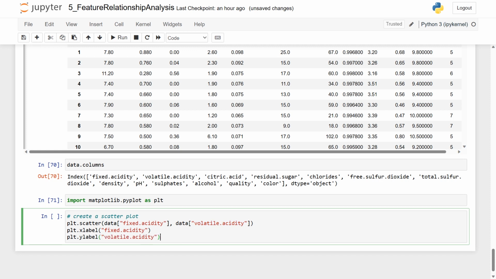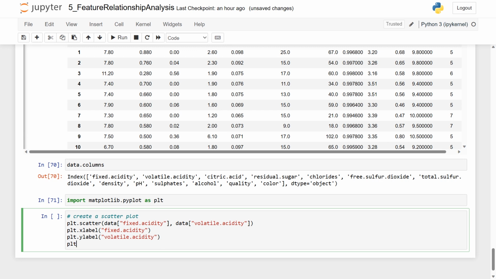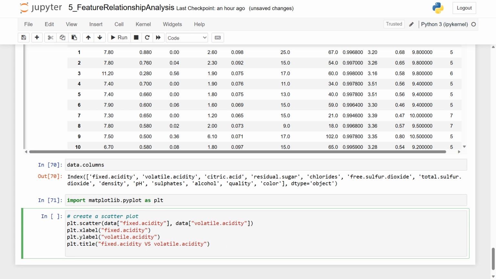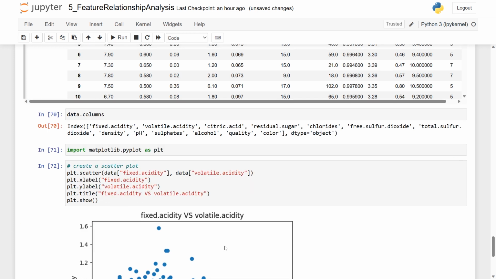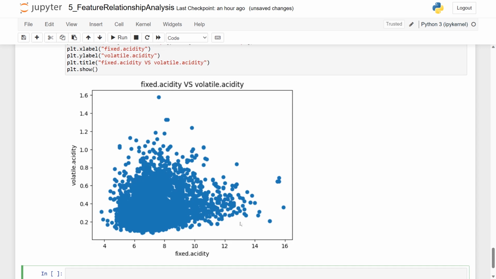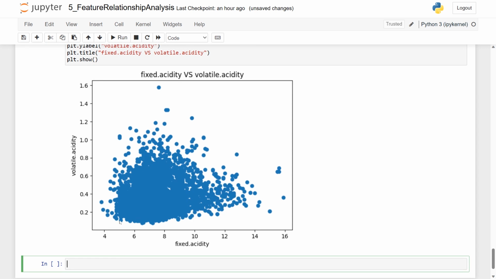And finally, let me put the title, plt.title: fixed acidity versus volatile acidity, both. And finally let's show it, plt.show.